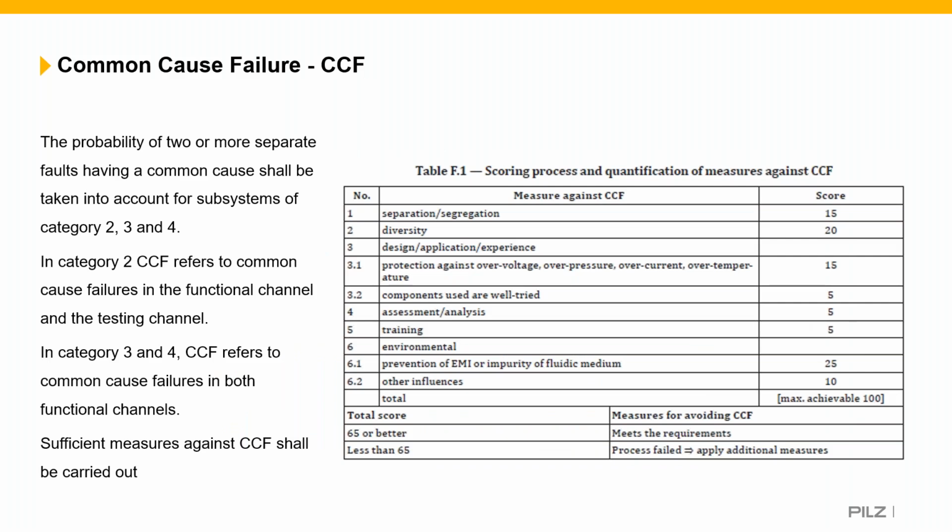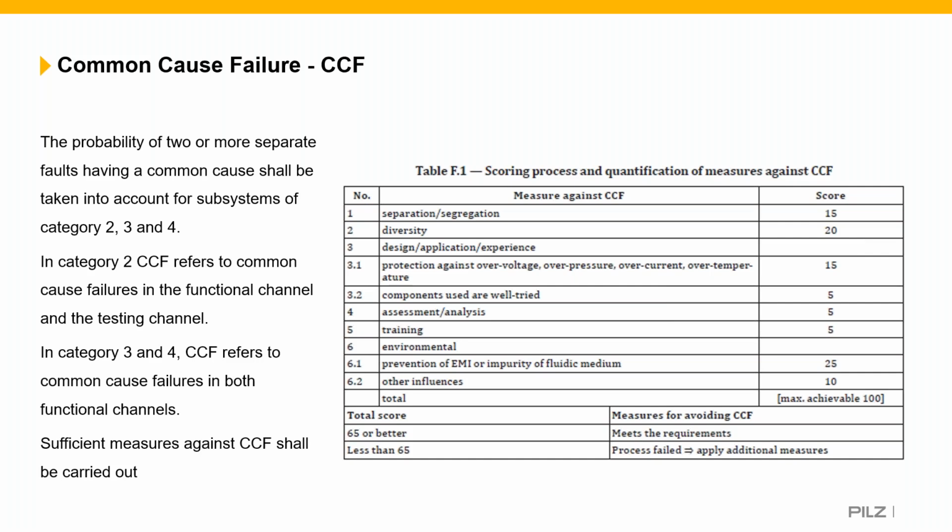You've also got to consider common cause failure. So this is table F1 from the standard, and what you've got to look at is the probability of 2 or more separate faults having a common cause. So we don't want one issue causing multiple failures. And there's a scoring system which we'd use for this. So you go through and answer the questions.